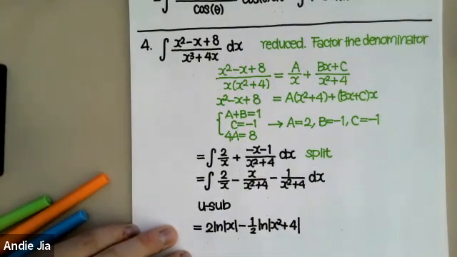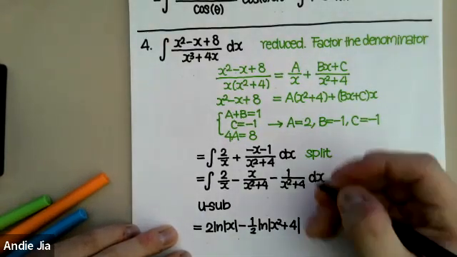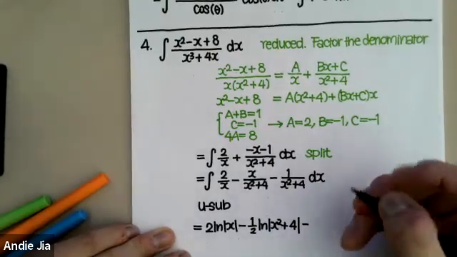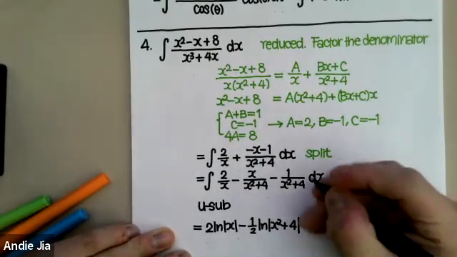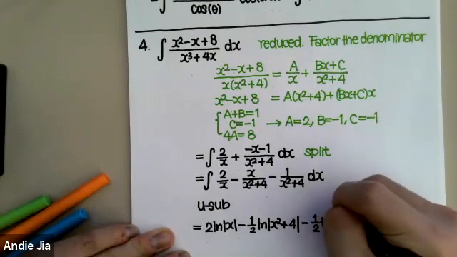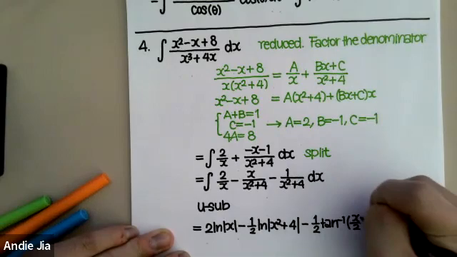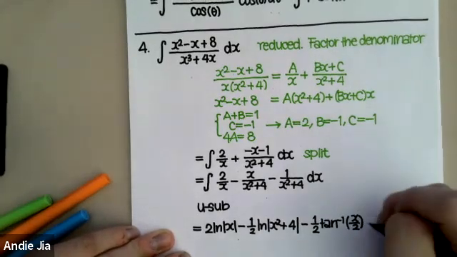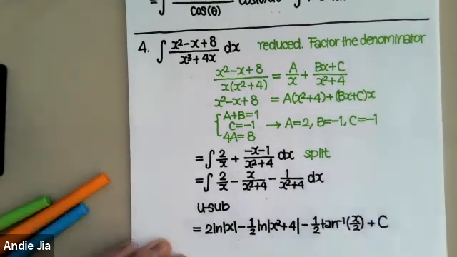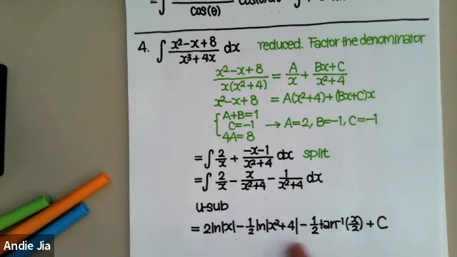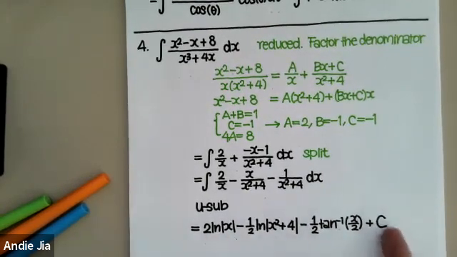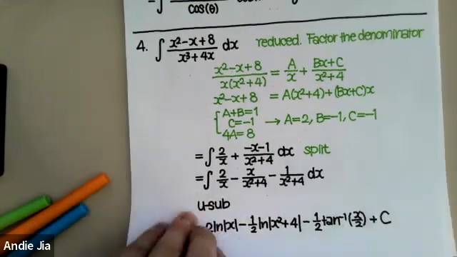Since a equals 2, it's minus 1/2 inverse tangent of 1/2 x, plus constant of integration. So for all indefinite integrals, you need to have the constant of integration here.